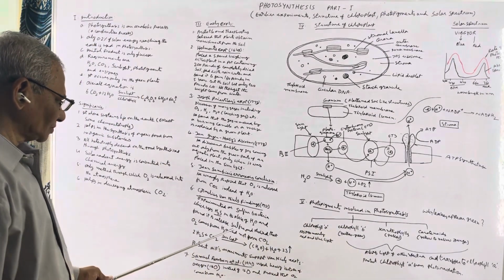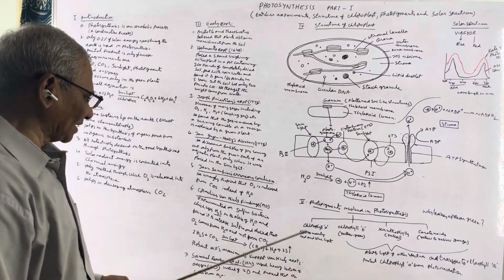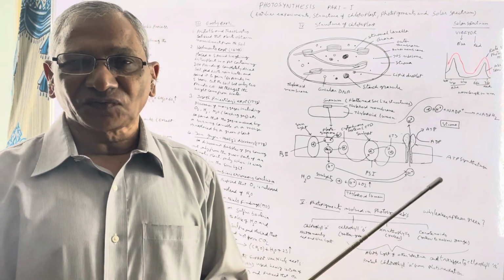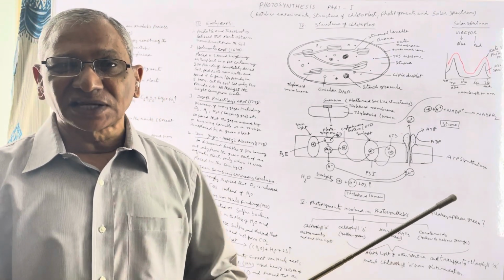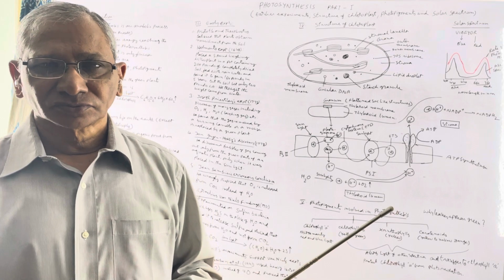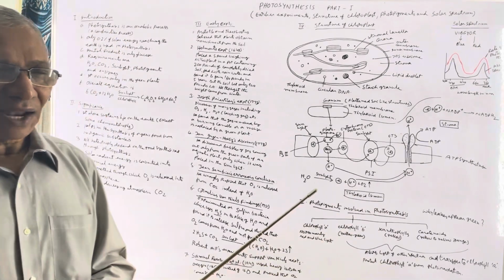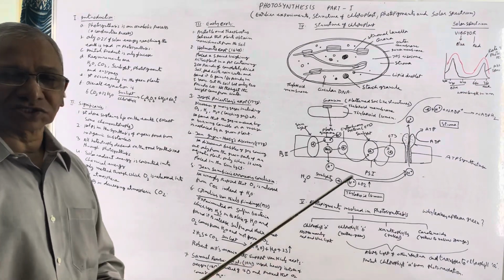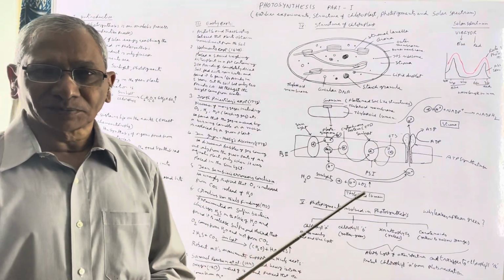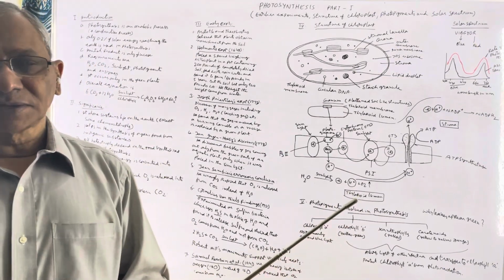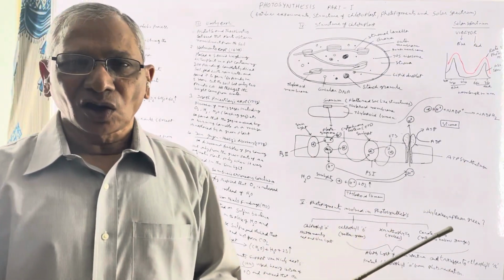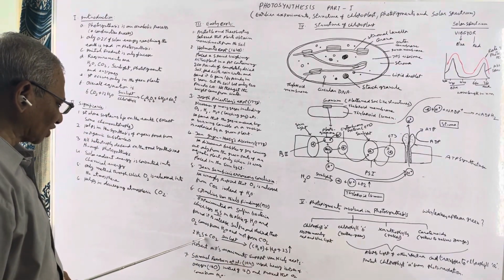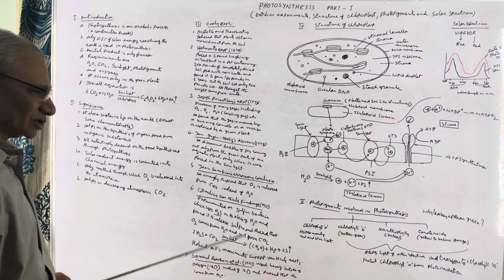So when the sulfur bacteria were studied, he found that instead of oxygen, sulfur gas is released. And the sulfur gas obviously comes from H2S, hydrogen sulfide. Here one more point I want to add: green plants use H2O instead of H2S.